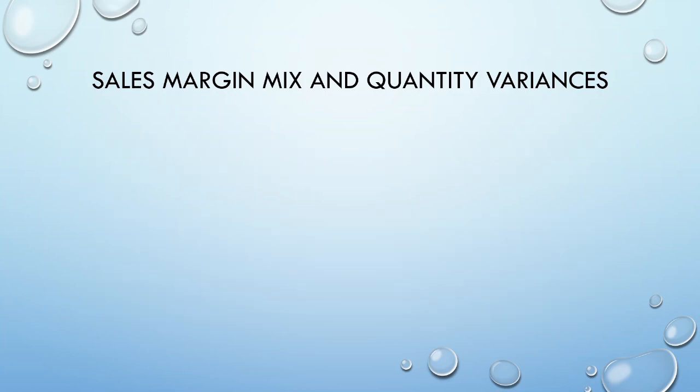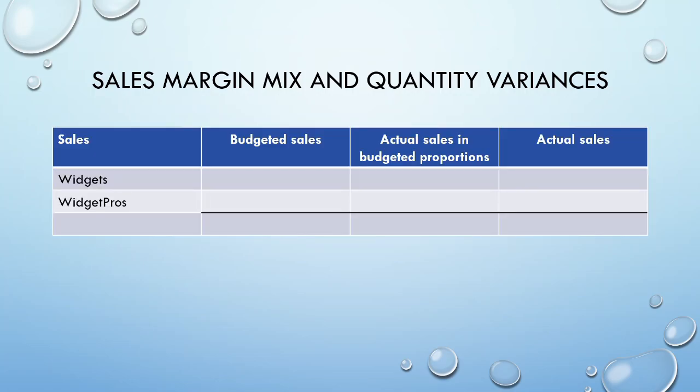So let us begin by drawing up a table like we did for the material mix and yield variances. However, notice this time that we are using the budgeted sales based on the static budget. We then need to represent our actual sales in the budgeted proportions in our middle column. If you refer back to our main example, you should remember that we budgeted to sell 10,000 widgets.